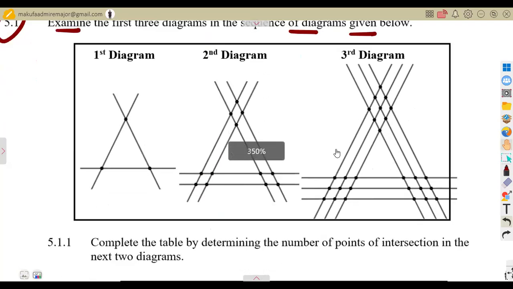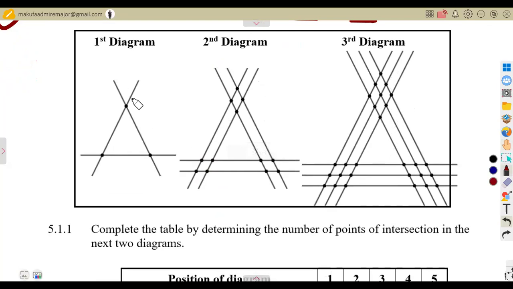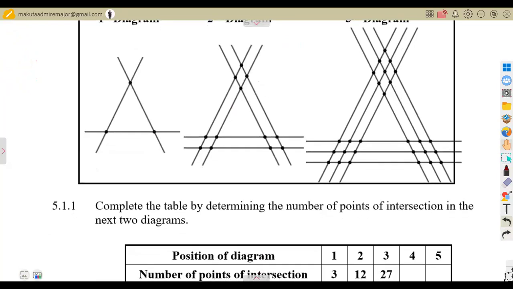What are we given? The first diagram, there are triangles. We do not know exactly, it's like we are working with these dots, but there's something that we are working with. Oh, it's like the triangles. Okay, so let's see. 5.1.1, complete the table by determining the number of points of intersection in the next two diagrams.